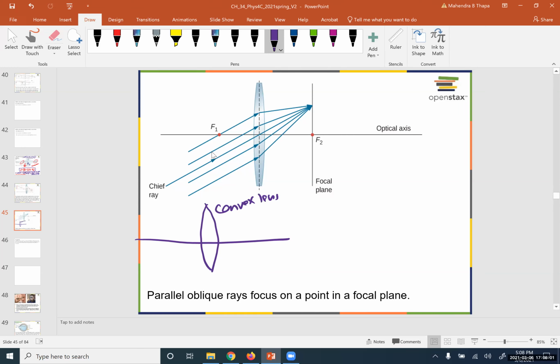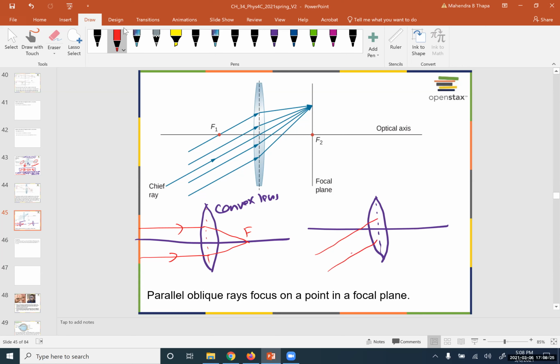If our rays are parallel to the principal axis, they meet at the focus. But if the rays passing here are not parallel to the principal axis, though still parallel to each other, they will meet in the focal plane, not at the same location.